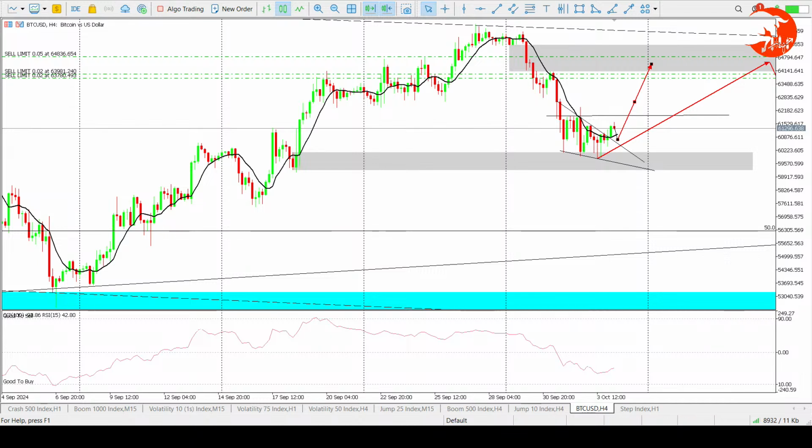But for now, if it gives me this and fails to go back inside the falling wedge, then I will be looking for my buy entries, buy positions there. When it gives me this, I will be looking for my buy opportunities there.